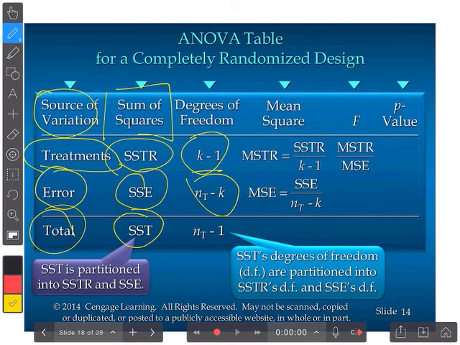If we divide the sum of squares by the degrees of freedom, we get the mean square, which essentially is a variance. Remember, sum of squares over degrees of freedom. So now we have MSTR, the mean square due to treatments, which is SSTR over its degrees of freedom. And then we have MSE, the sum of squares due to the error divided by its degrees of freedom.